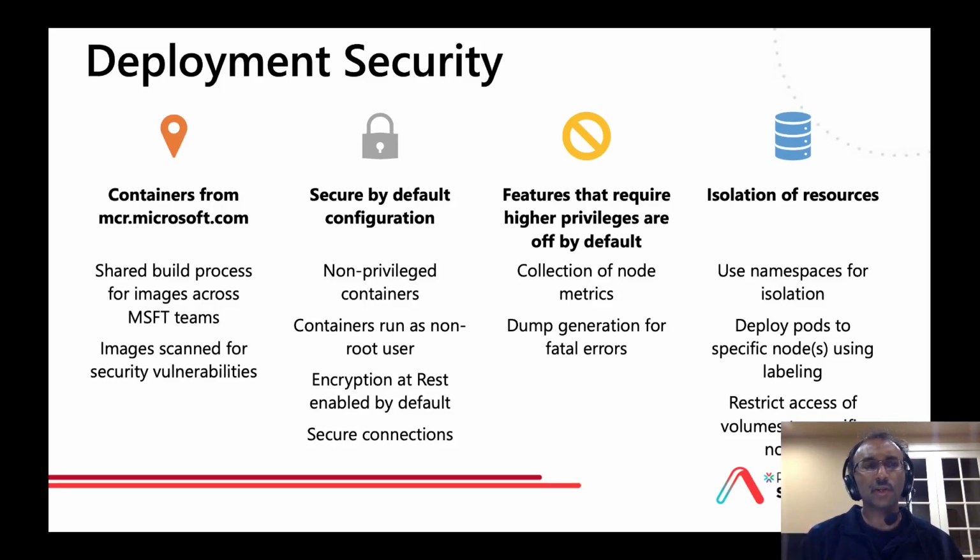So in Kubernetes land, you would use namespaces, and this is one way to isolate resources. I will also show some examples of those. And then there are ways to target pods to specific nodes. So if you have some nodes which have GPU in them, you can deploy, say, a SQL instance with ML capabilities in there.